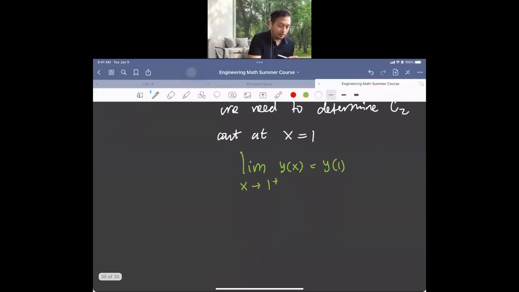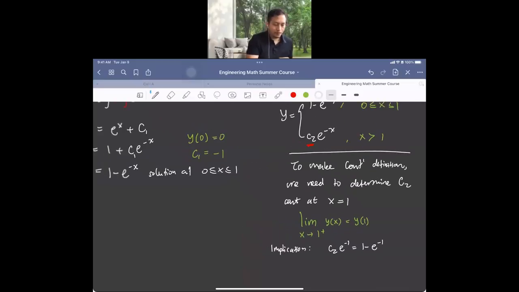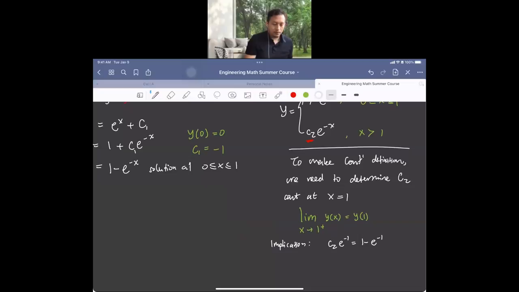As a result, c2 e to the negative 1 should be equal to the value from the left, because we define that there is a limit there.